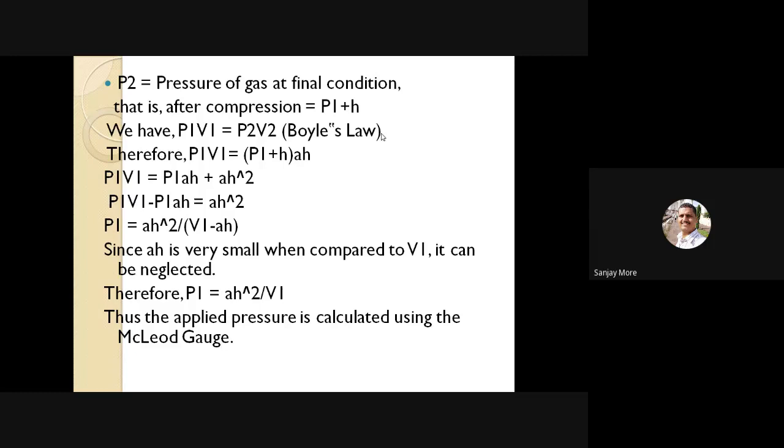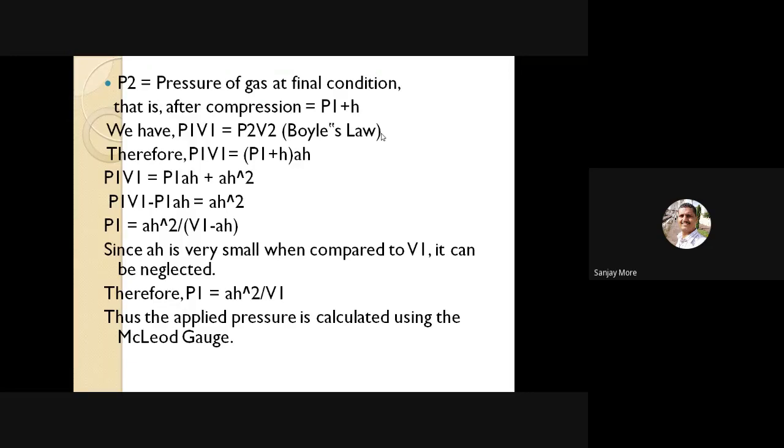Therefore, P1 V1 is equal to (P1 plus H) into A into H. Therefore, P1 V1 is equal to P1 AH plus AH square. Therefore, P1 V1 minus P1 AH is equal to AH square. Therefore, P1 is equal to AH square divided by (V1 minus AH).